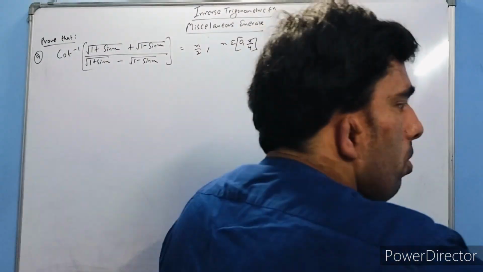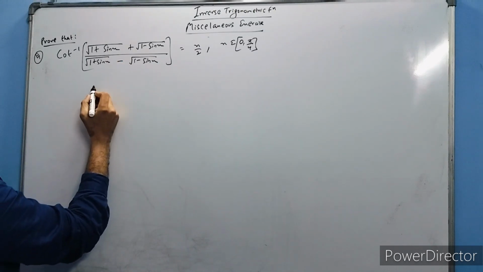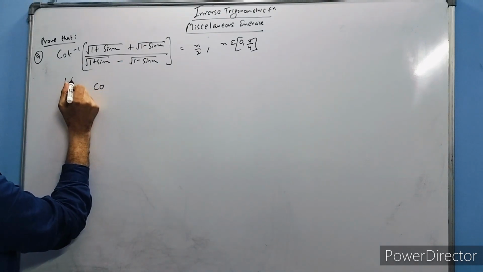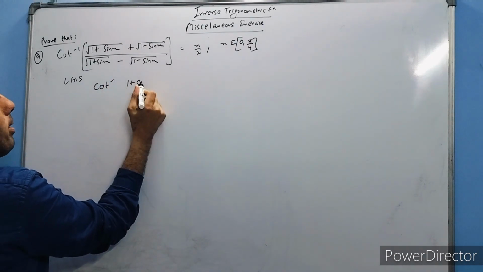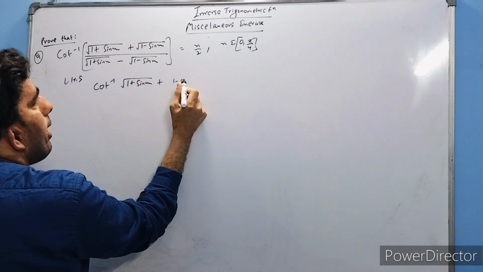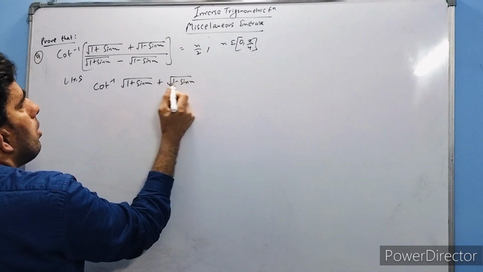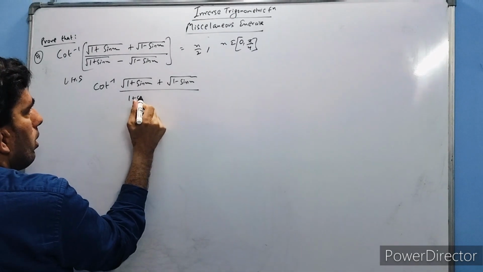Okay, so now what can we do? We'll try to solve this first. Take it as the LHS, that is cot inverse of root(1 plus sin x) plus root(1 minus sin x), upon root(1 plus sin x) minus root(1 minus sin x). We have the root, so what we'll do? We'll rationalize.